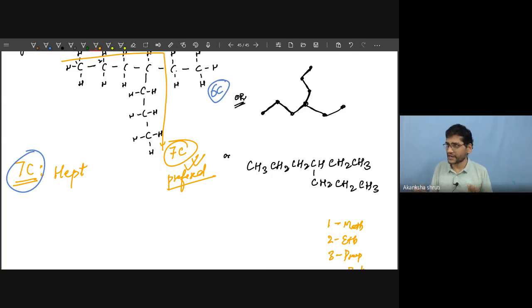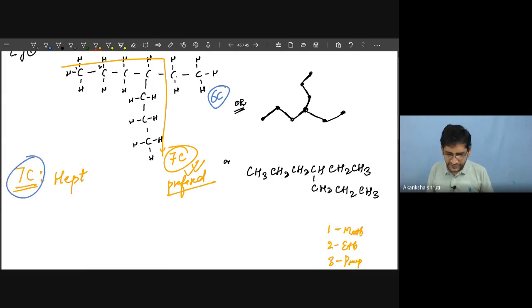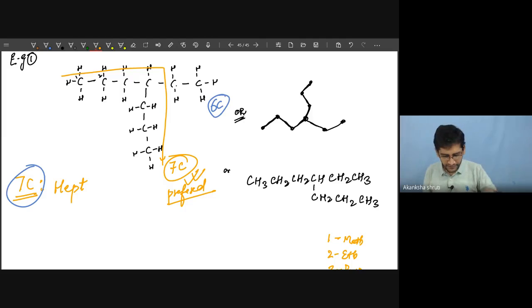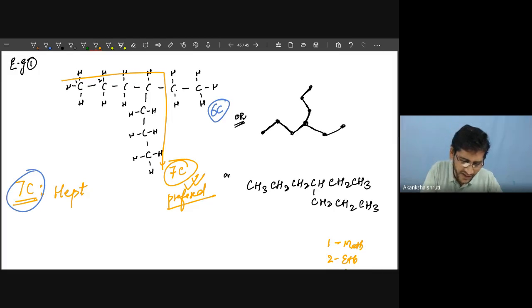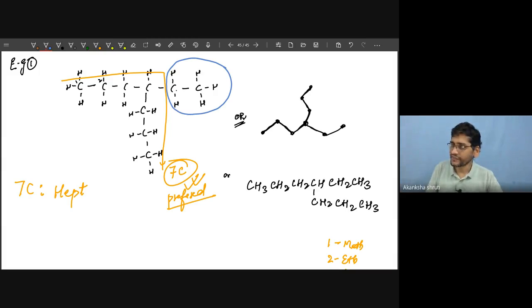This is the counting that we have learned till now. After this, we have just counted the longest carbon chain, but there are still certain other carbons which are not accounted for till now. What are they? Observe carefully. It is this one.